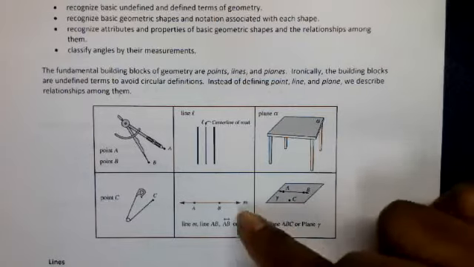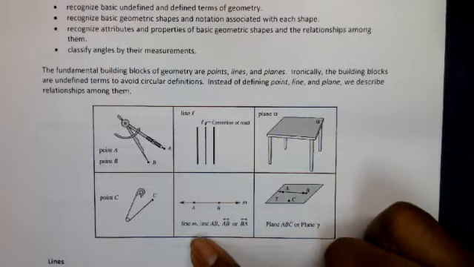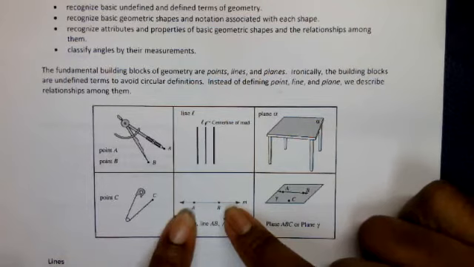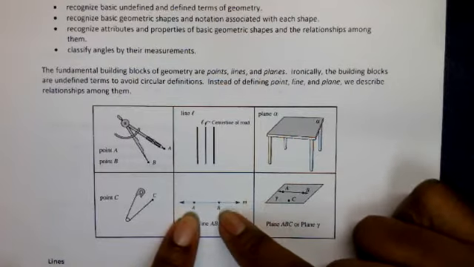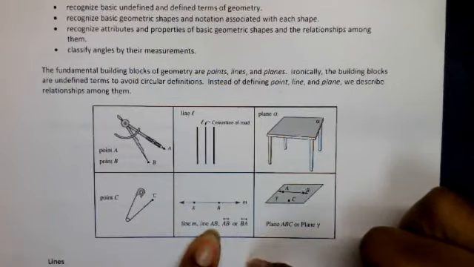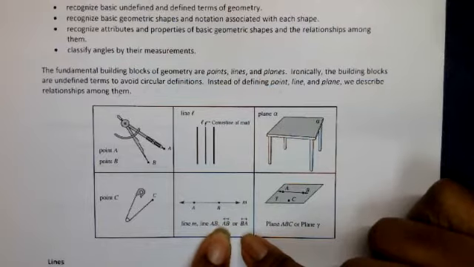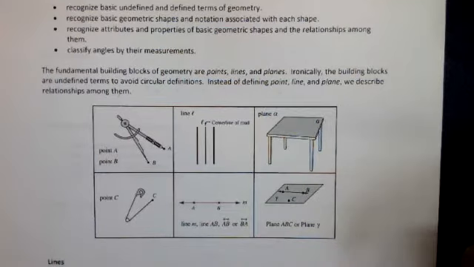And we can label this line either with the word line and a lowercase letter, like line M, or since it only takes 2 points to make up a line in this case, we can label this line with those points. So it'd be line AB. Also, we can use notation for a line with two arrows going in both directions, that's line AB, or we can say line BA. The two both mean the same thing.